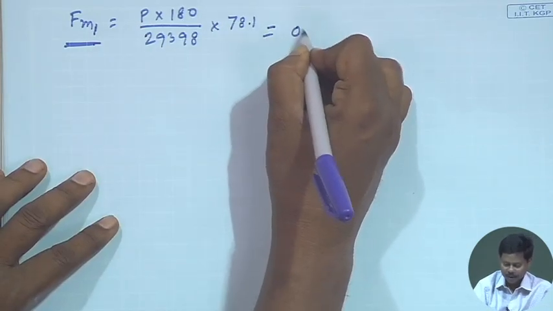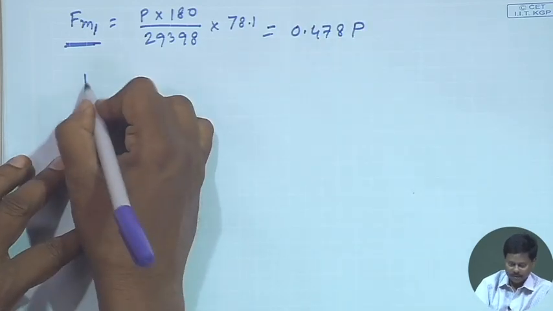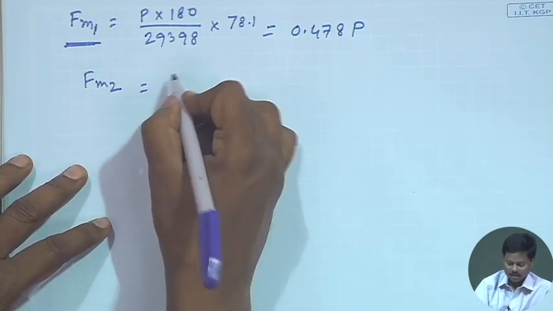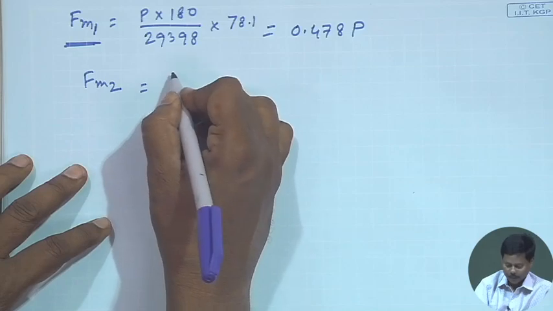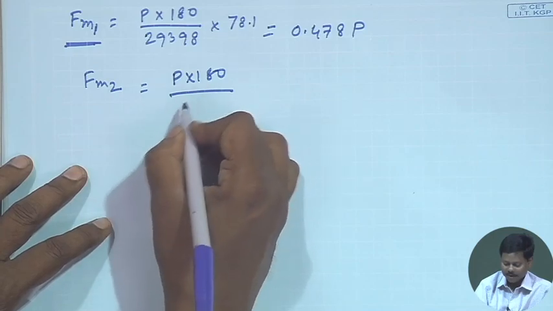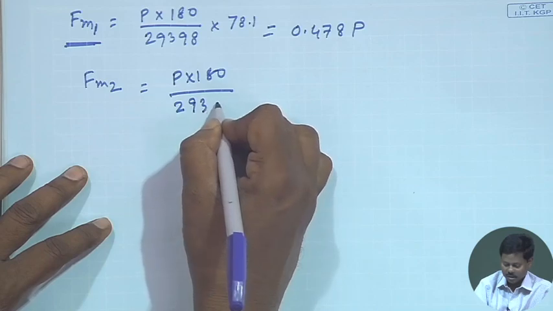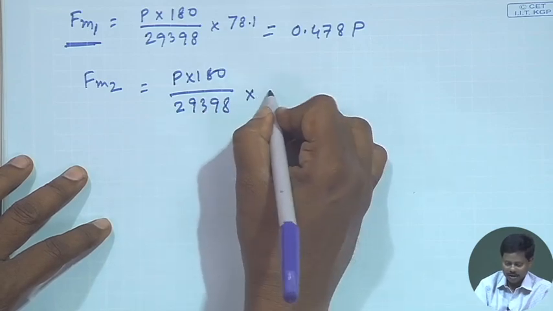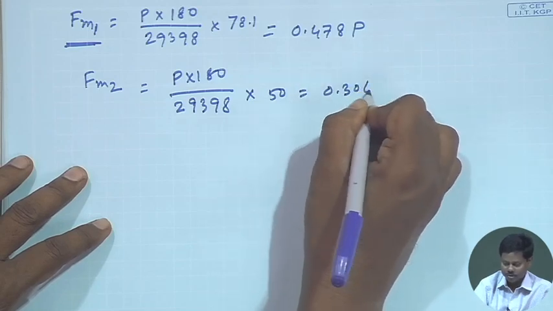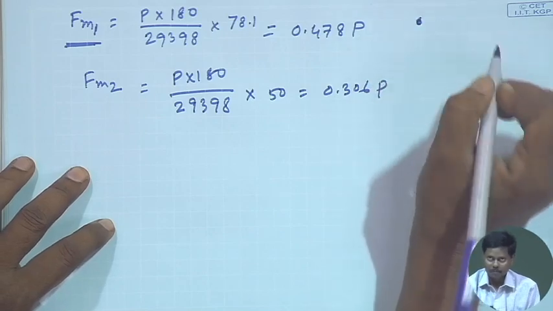So, that is coming 0.478 P. Similarly, Fm2 we can find out as P into 180, that means M by summation R square into R, 29398 into, in this case R will be 50. So, this will be 0.306 P.